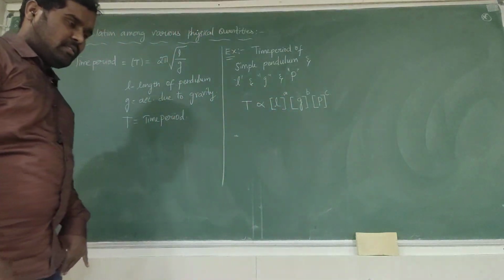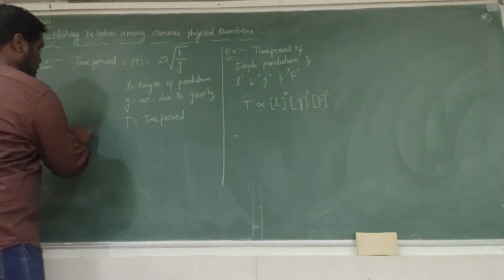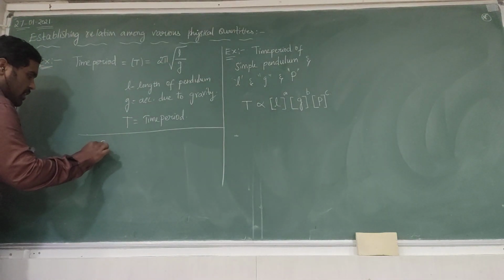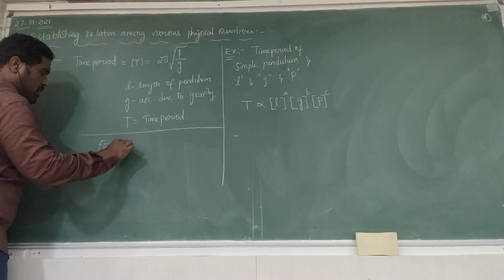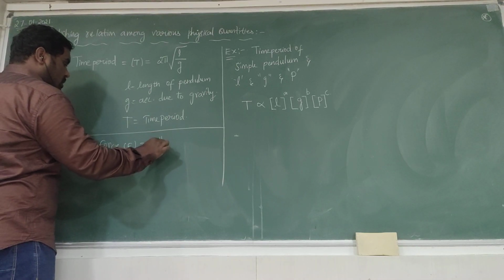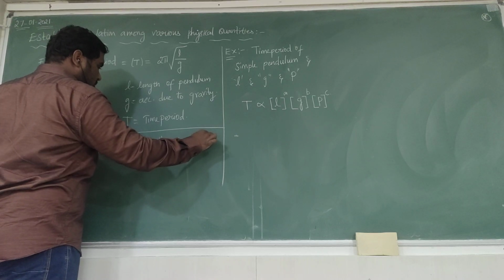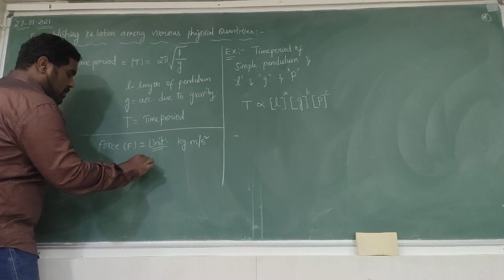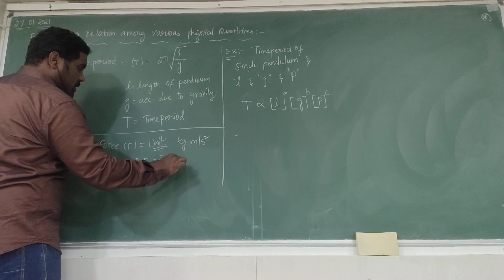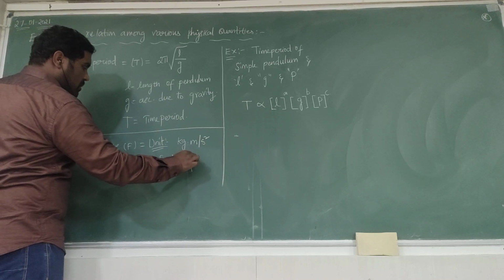Sir, why have you written like this? See, the basic reason is, you might have already learned the dimensional formula. Example, force F. First you take the unit of force, kilogram meter per second square, and write the dimensional formula as kilogram of mass M1, meter L1, per second square, so time is inverse, T power minus 2.